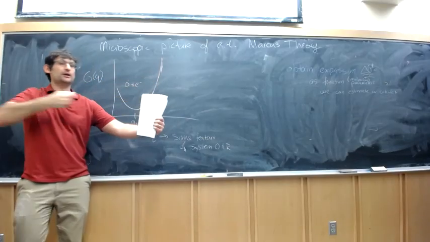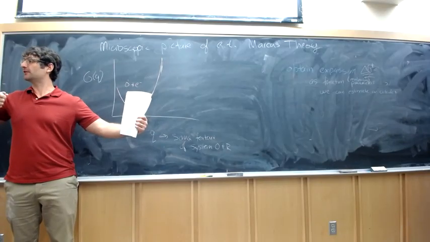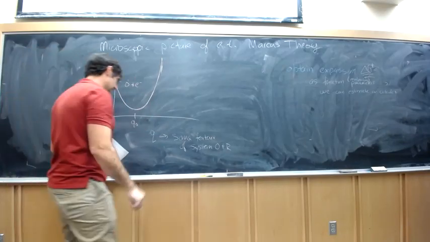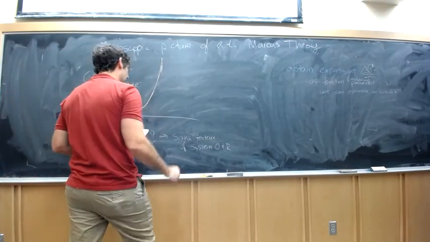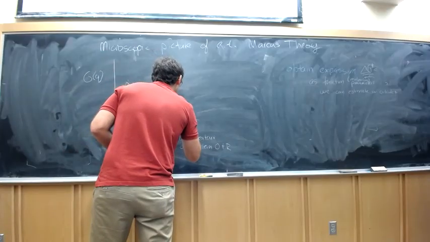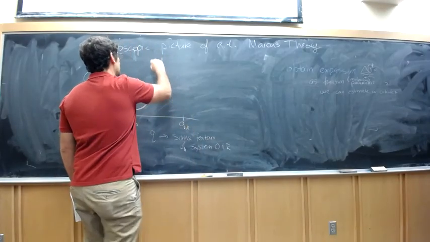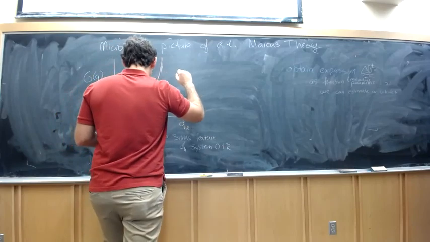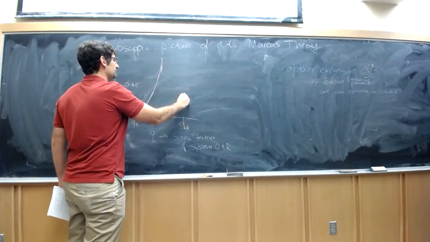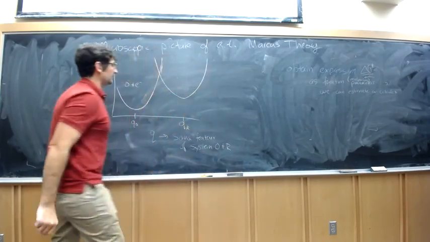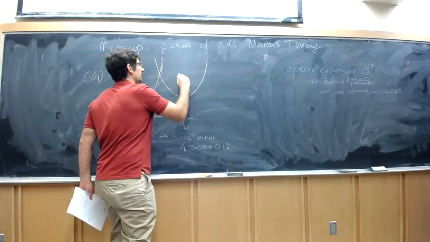So if we stretch a spring, it increases the energy of the system, right? That's all we're doing. And then we can write another parabola that's going to have a different zero point, Q_R, and it might have a different minimum value. I can draw a parabola there, and this is going to be R, my R parabola.